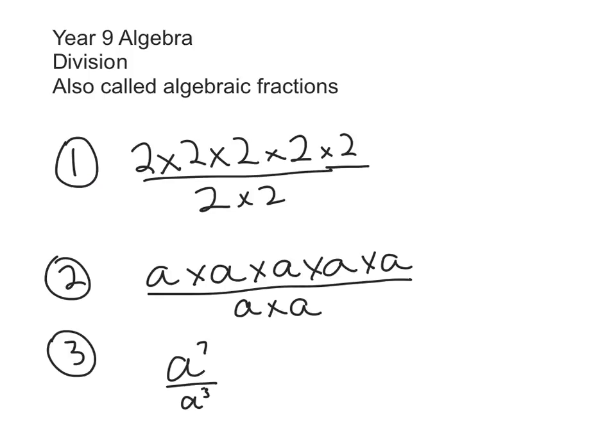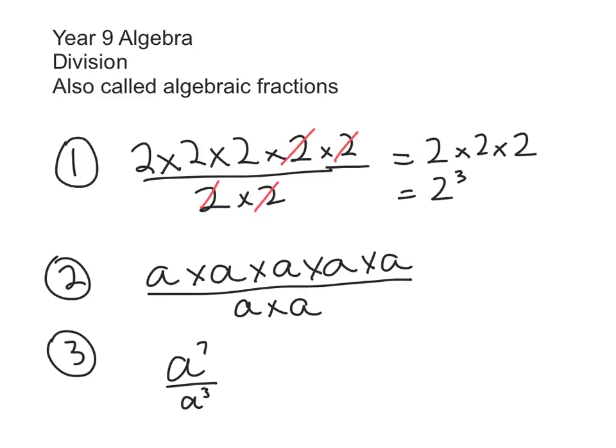Okay, so the first one is nothing to do with algebra, only it follows all of the same rules. If I were thinking about that back when we did number and I had fractions, I'd know that I had some common factors in here. So we could divide through top and bottom by 2, and we could divide through the top and bottom by 2 again. And that would leave me with 2 times 2 times 2, which is 2 cubed.